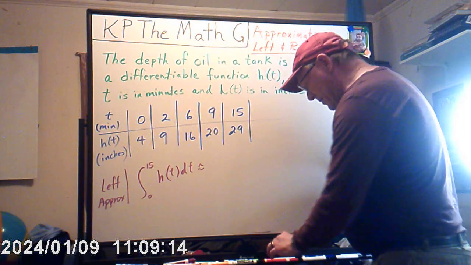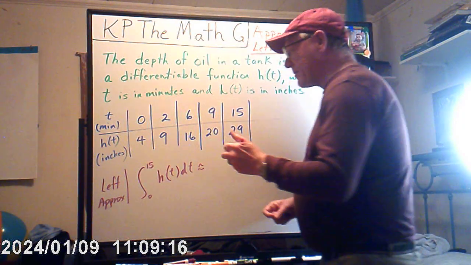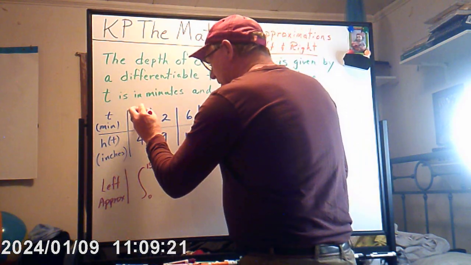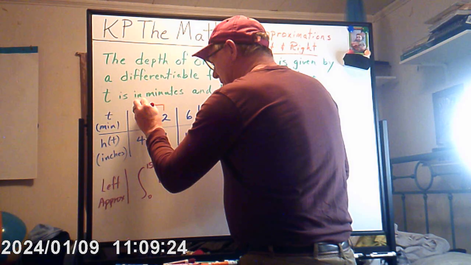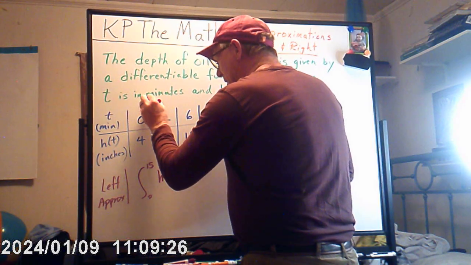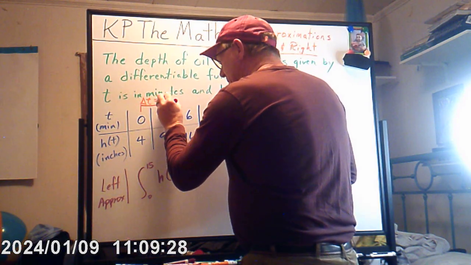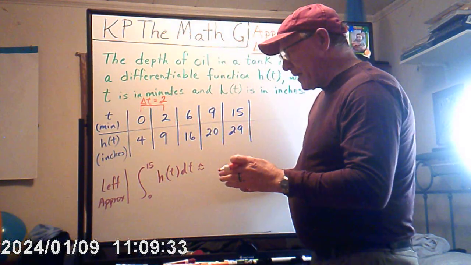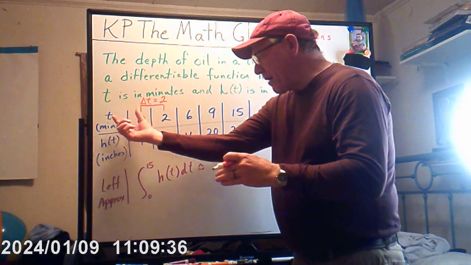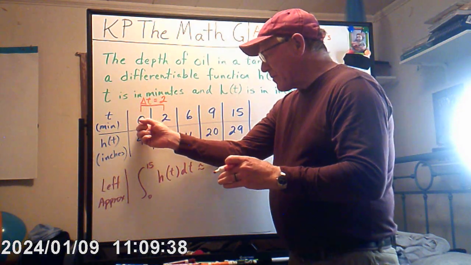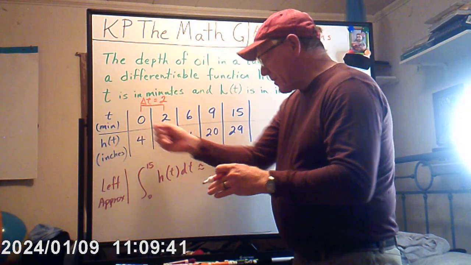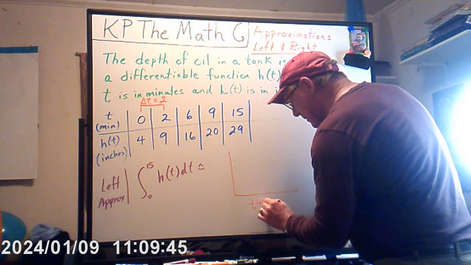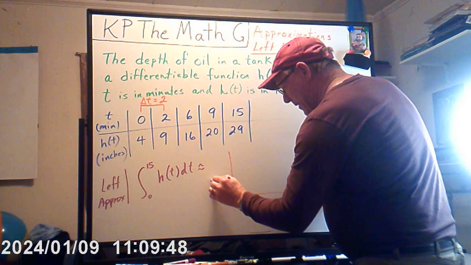Now we're going to get into what delta t is in this particular case. From 0 to 2, delta t is equal to 2. That makes sense, doesn't it? Delta t is always going to be whatever your base is, and you're always going to do time down here, and you're going to do inches up here.